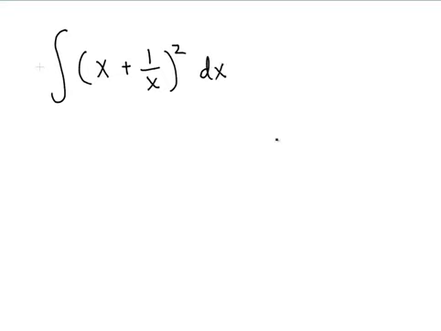So one last one for this presentation. The integral of (x plus 1 over x) squared dx. Now, you might think, is this a good candidate for the substitution technique?